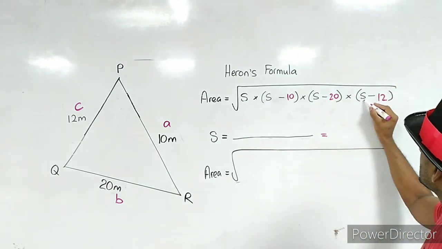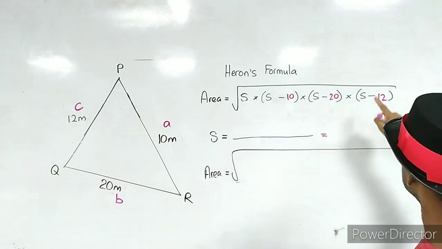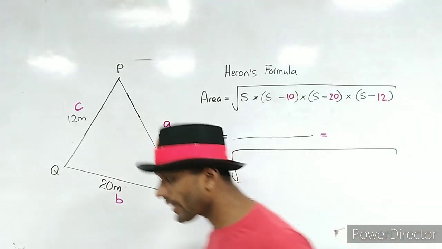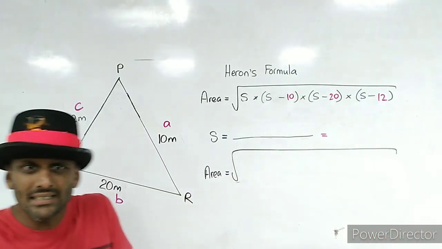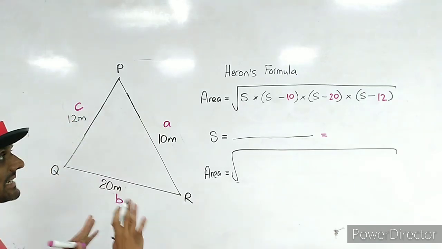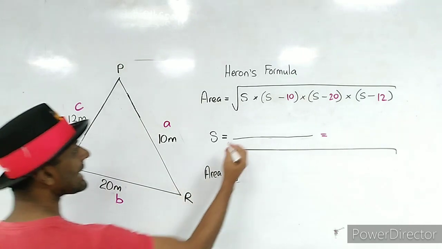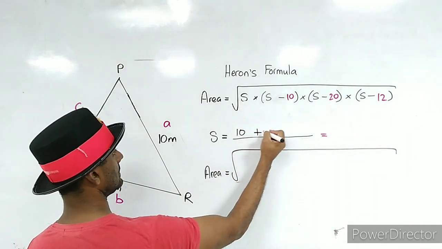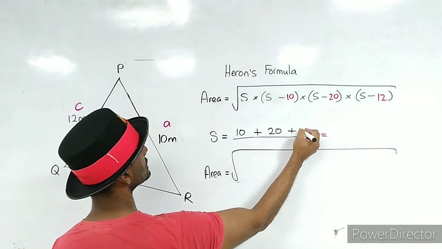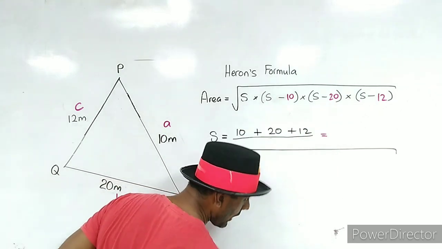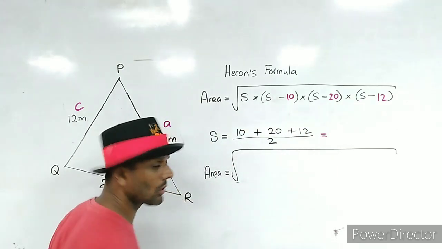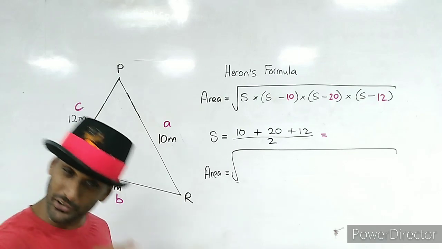But the formula has this annoying S. It actually has 1, 2, 3, 4 S's in it. So what is this S? To find S in the formula, you have to add up all three sides. 1, 2, 3. So let's add it up. 10 plus 20 plus 12. And no matter what, you always divide it by 2, not 3.